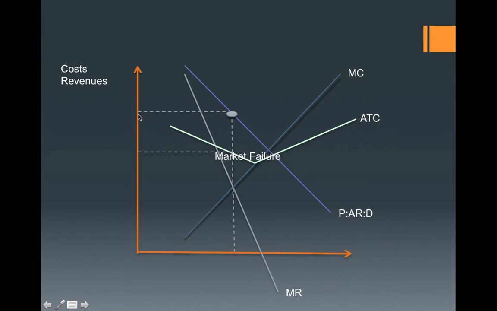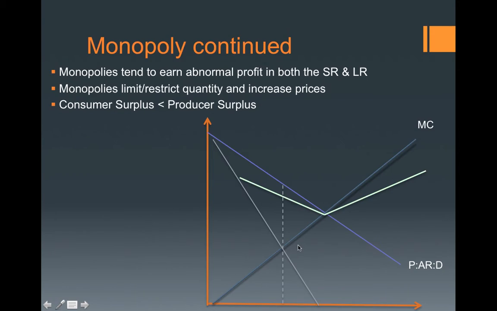So please note that monopolies tend to earn abnormal profit. Ideally, we should be at a point where MC, or supply, equals demand. We should be here, but monopolies don't like to offer their goods and services at the market price. They usually raise the price and lower the quantity, so we've got a price that's up and a quantity that's lower.